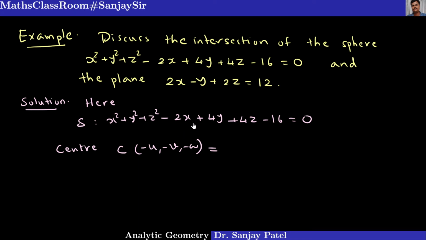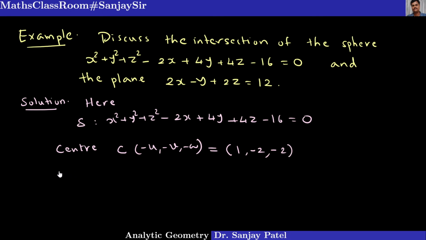Here the coefficient of x is minus 2, so dividing by 2 and giving the opposite sign, it is plus 1. 4 by 2 is 2 and changing the sign, so minus 2. Again 4 by 2 is 2, so again minus 2. So this is the center.